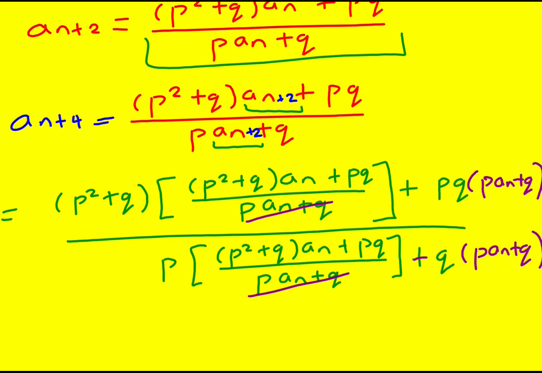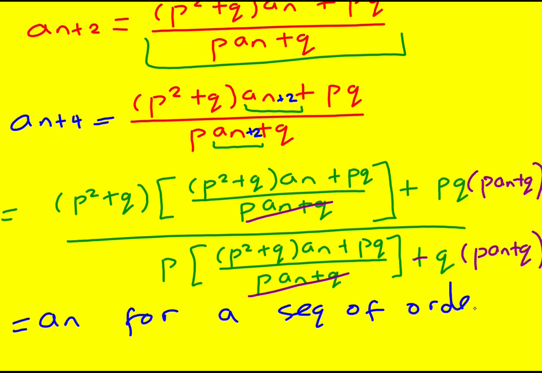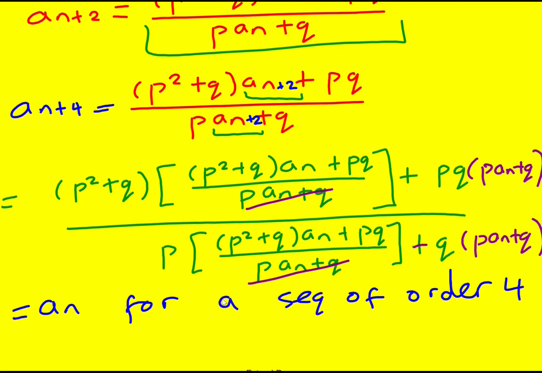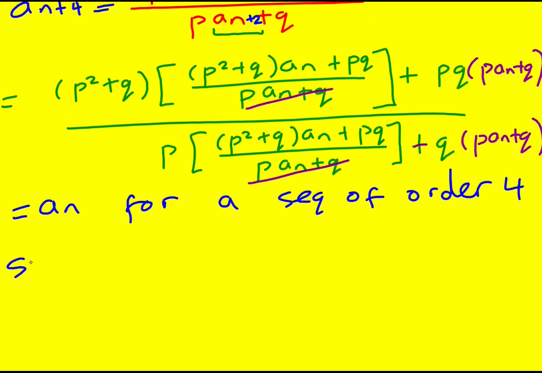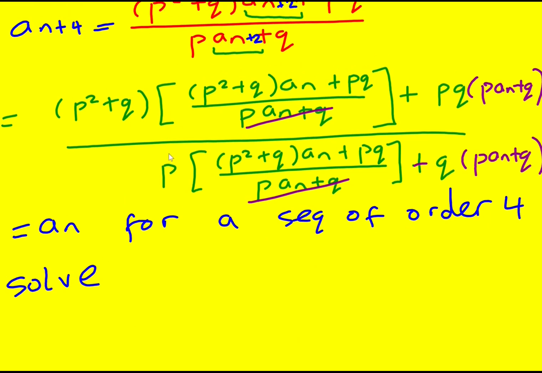Okay, nice. And here's the thing, this is going to equal a_n for a sequence of order 4. So I'm just going to set them both equal to a. I'm also going to multiply through by the denominator.